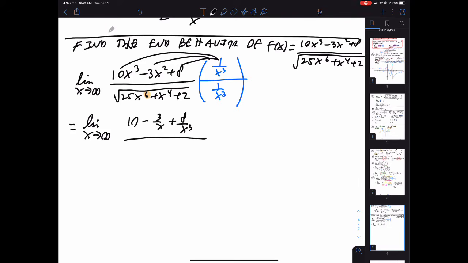So what we're going to do is convert, and recognize x cubed is the square root of x to the 6th. You have to recognize these are equivalent. So what I'm going to do is change this to square root of x to the 6th.